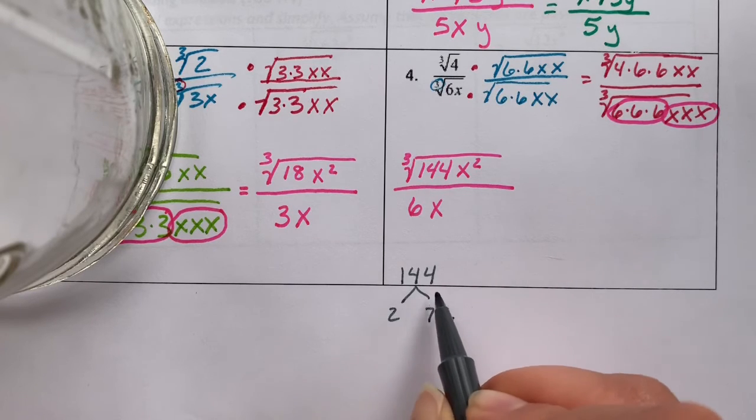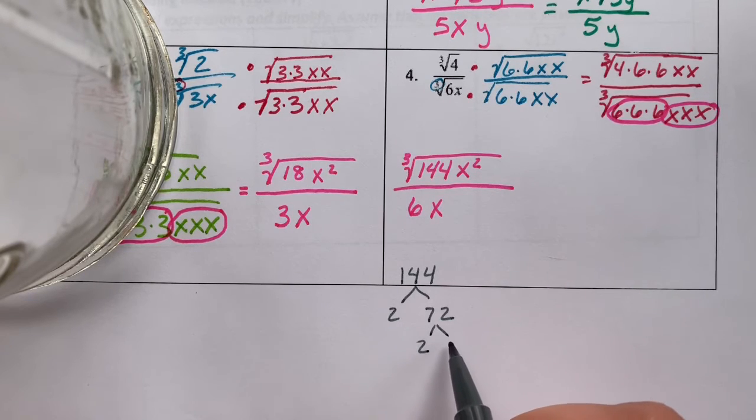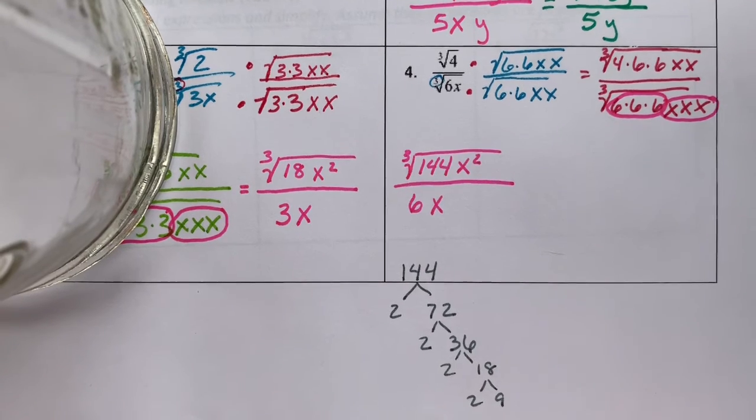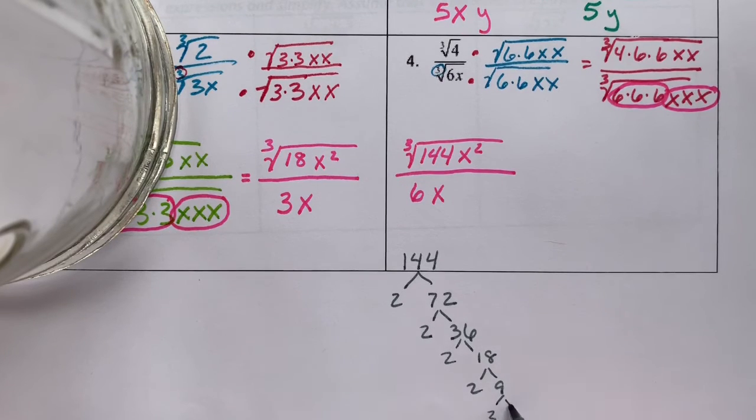And then because it's even again, I can take out another 2, and that's 36, and 2 and 18, and 2 and 9, and 3 and 3.